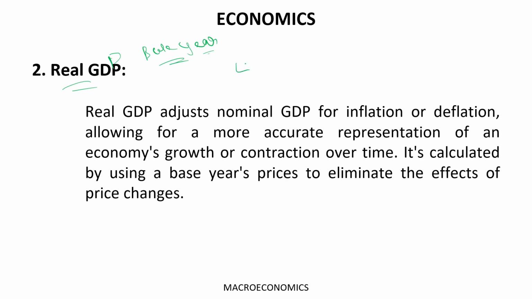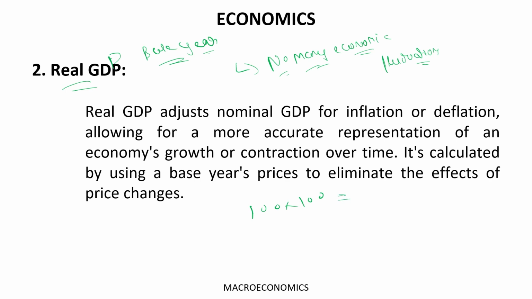Base year is basically the year in which there are not many economic fluctuations. So this year is termed as a base year. Okay, so the prices of the base year are taken for calculation of GDP.